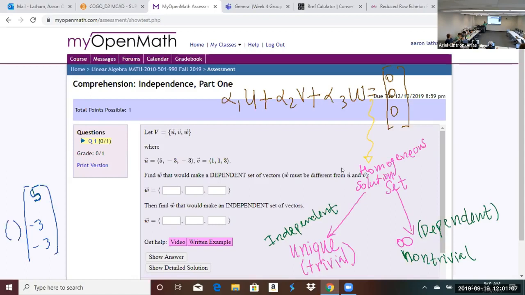And take v, 1, 1, 3, which also has a scalar in front of it, okay? You have different vectors, but you choose what those scalars are. You could choose 1, 1. You could choose 1, minus 1. You could choose minus 1 first and positive 1 second, right? Choose scalars that are non-zero. Then that generates a new vector, which you would call w. That's the vector you write there.